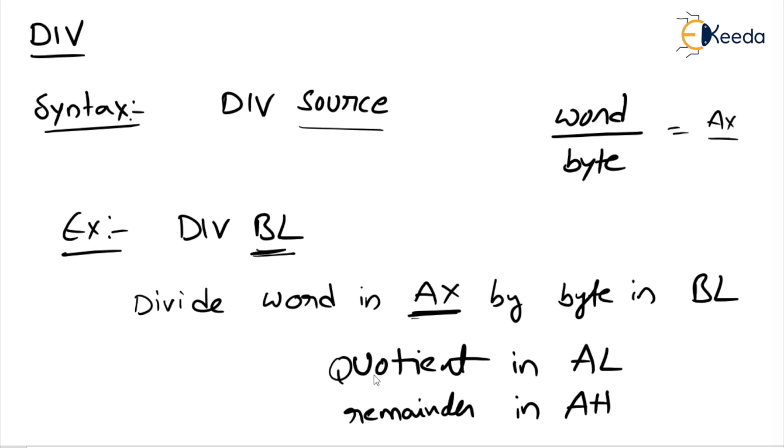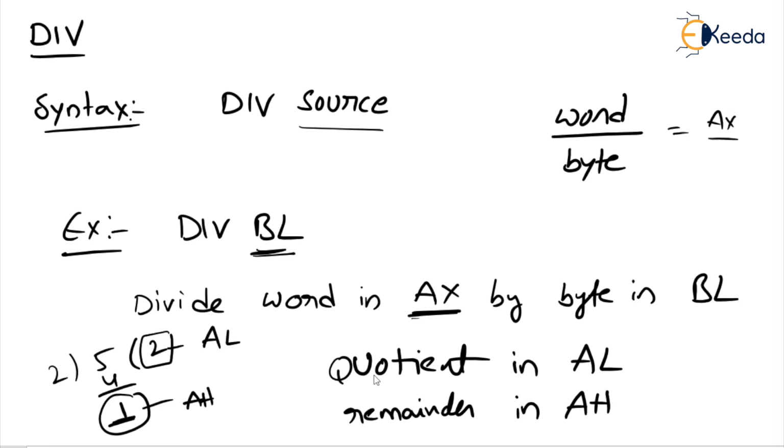That is very important. Suppose 5 divided by 2: 2 twos are 4, remainder 1. This 1 will be stored in AH, and the quotient 2 will be stored in AL. So that is the division instruction.